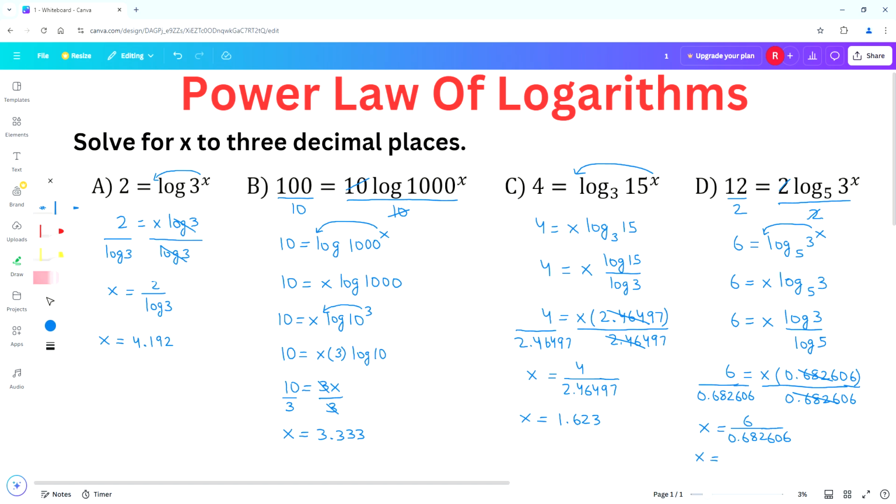I get x equals 8.790, rounded to 3 decimal places. This should be the final answer for part D.